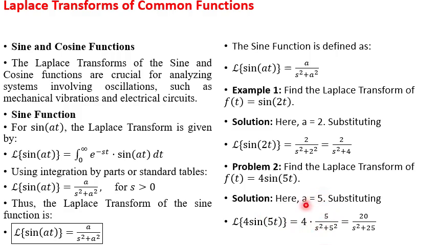Substituting 5 for a in the solution becomes 5 all over s raised to power 2 plus 5 raised to power 2. So 4 times 5 gives us 20 all over s raised to power 2 plus 25, and this is our answer.